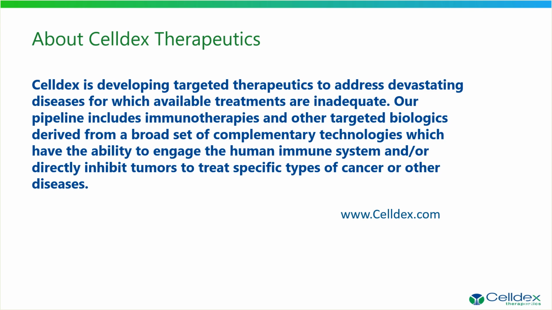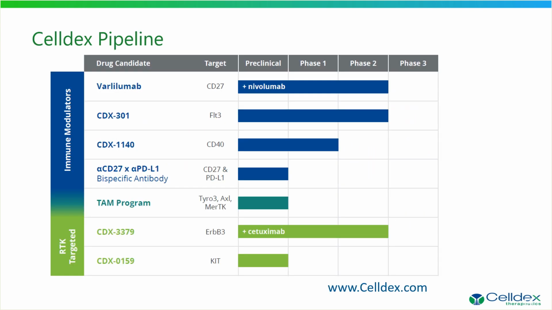First, a few words about our company. Celldex is a biopharmaceutical company developing immunotherapeutics and other targeted biologics that engage the human immune system to treat cancer and other diseases.